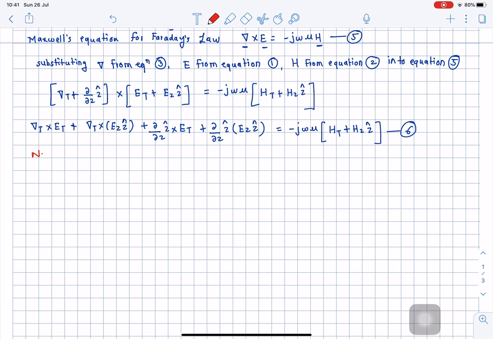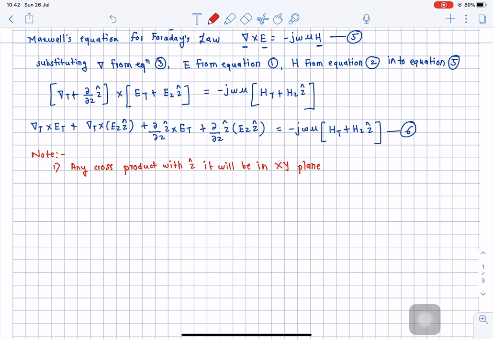The first thing that we need to study is that any cross product with z cap, where z is the longitudinal direction, will be located in the xy plane.